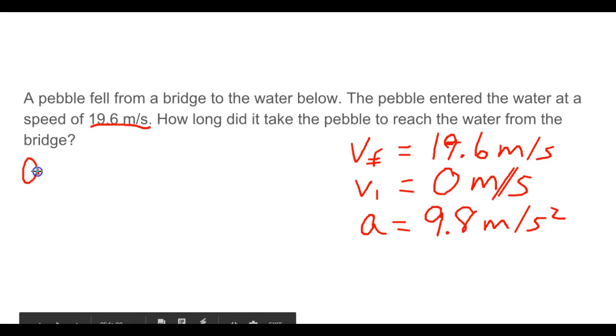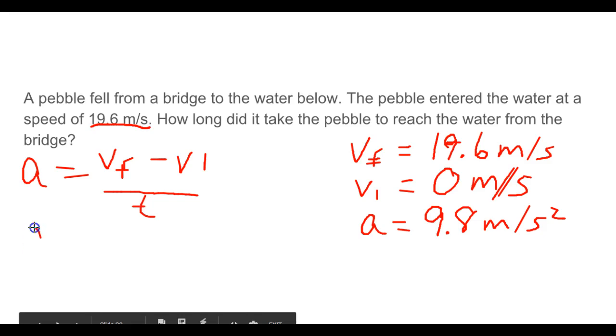So if I fill that into my equation, I have my acceleration equals VF minus VI all over my time. If I plug this in, the part that I don't know is my time.